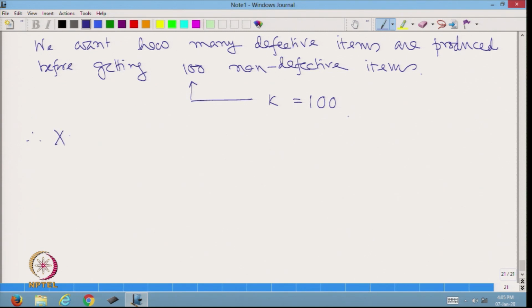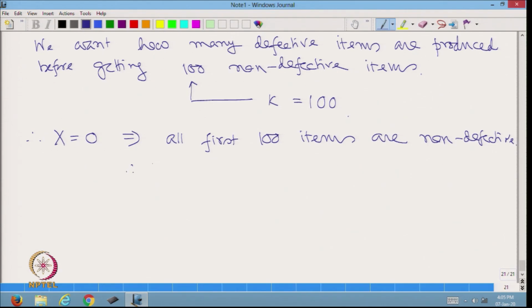Therefore, x is equal to 0 implies all first 100 items are non-defective, and its probability is p to the power 100.